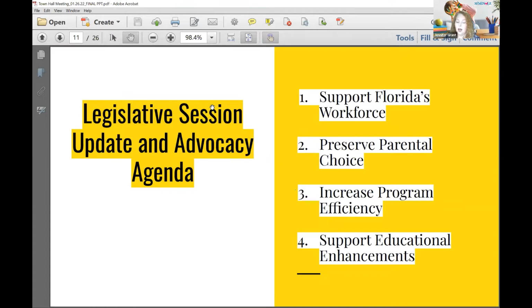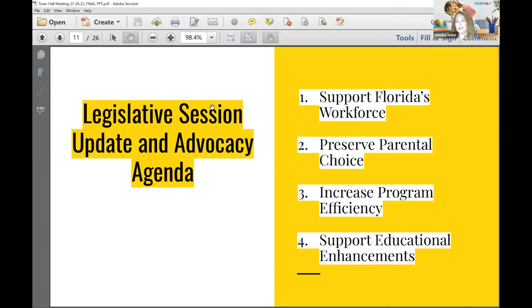So this year, our association statewide has agreed to these following advocacy components. And when we say support Florida's workforce, what we're talking about is supporting Florida's working families by aligning school readiness requirements with Florida's growing economy. And what that means is, as our minimum wage increases, fewer and fewer families would be qualified for school readiness with the subsidy program that we have.